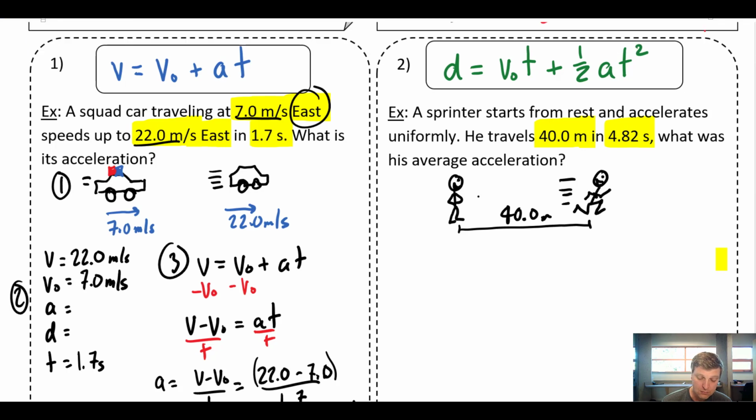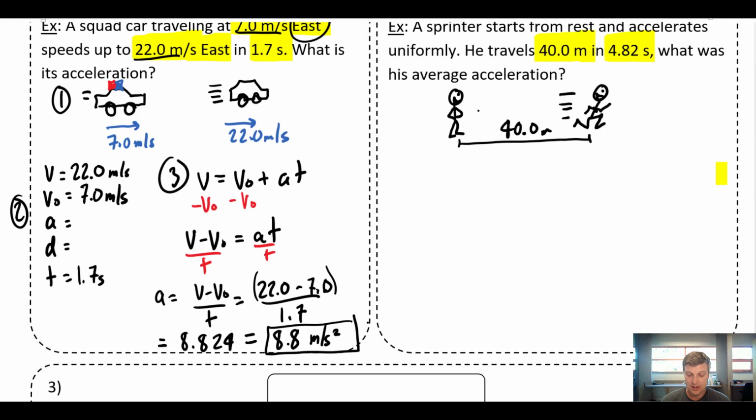Okay, so I've got my picture, done. My next step is to write out my variables. And so the same 5 variables all the time. V, V naught, A, D, T. What do we know? Well, 40 meters traveling straight forwards, that means there was a displacement of positive 40 meters.